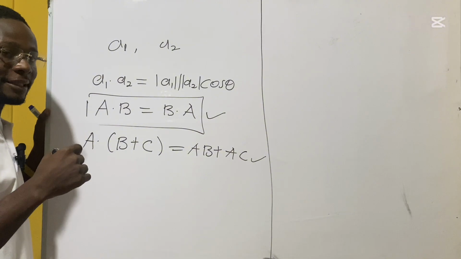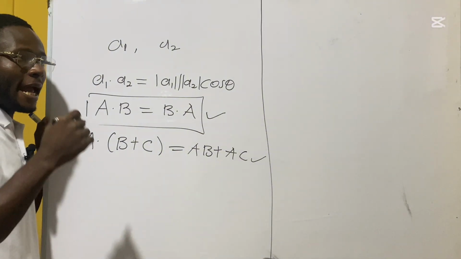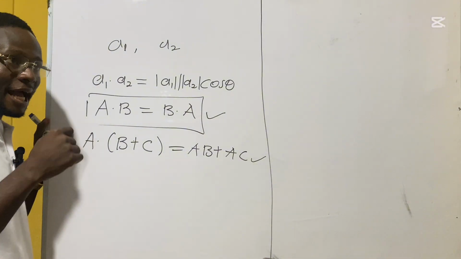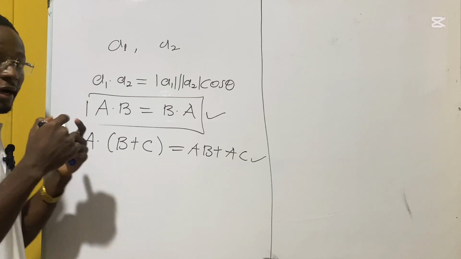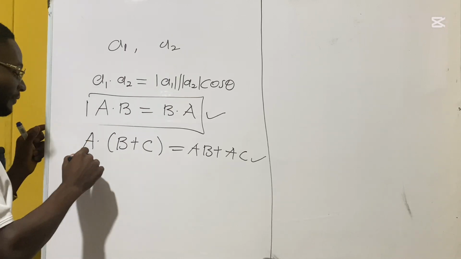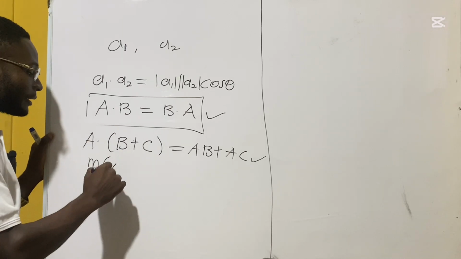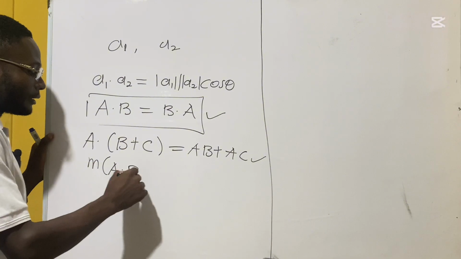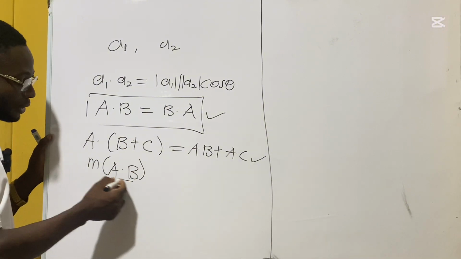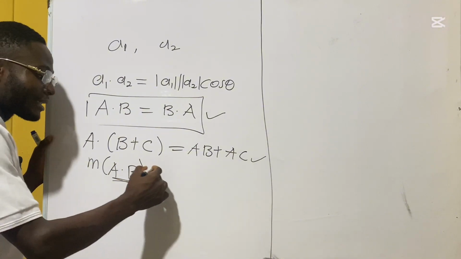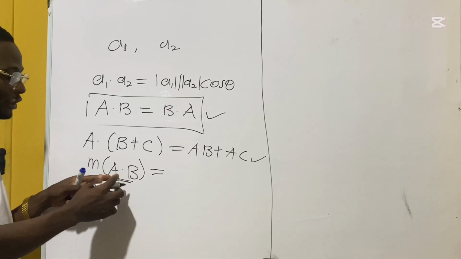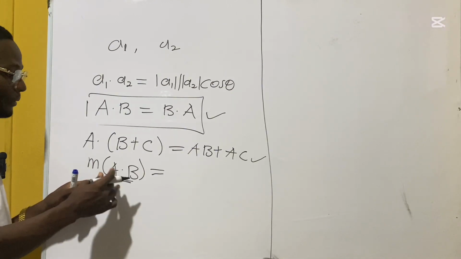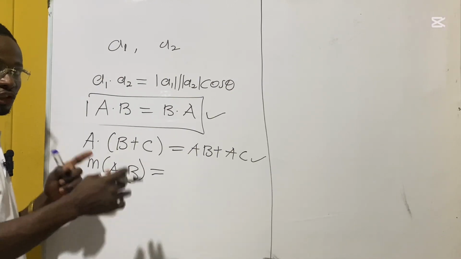The third property is when you have a scalar multiplying a scalar product. This is basically the associativity property, where you can exchange the positions.